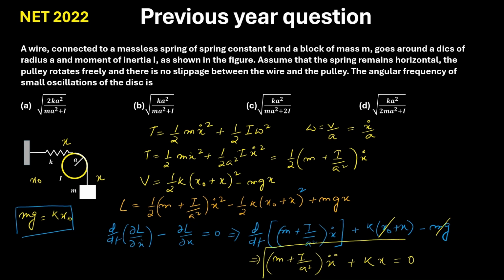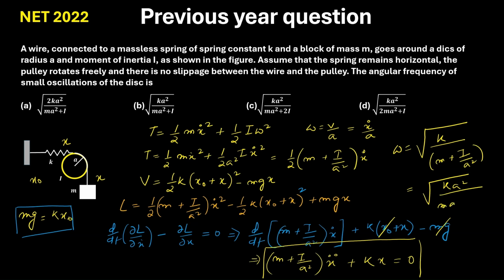So from this equation, we can write omega is equal to root over k divided by m plus I by a square. If I rearrange this, I will get root over k a square divided by m a square plus I. So this is the angular frequency, and I think it is matching with option B.